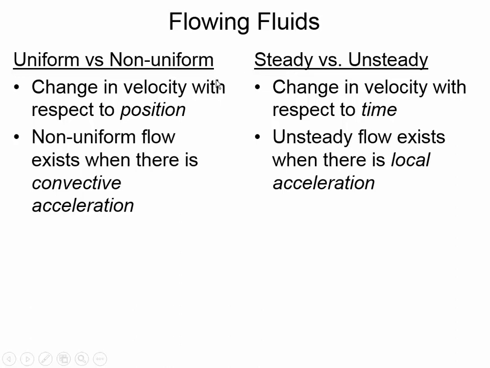So I've italicized those two so that it's easy to see the comparison. Today, what we're introducing is the different types of acceleration that cause this change in velocity. Non-uniform flow is caused by convective acceleration, and unsteady flow is caused by local acceleration.